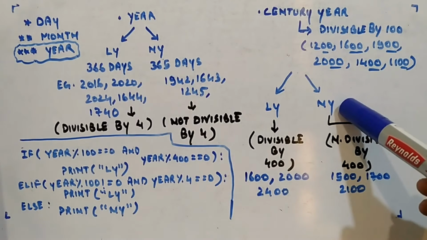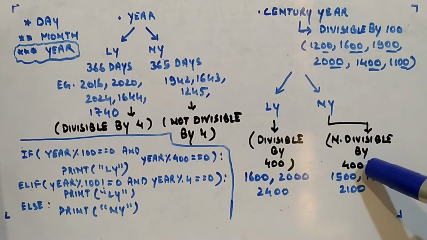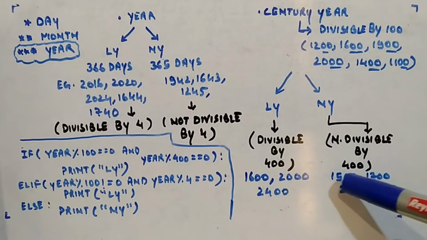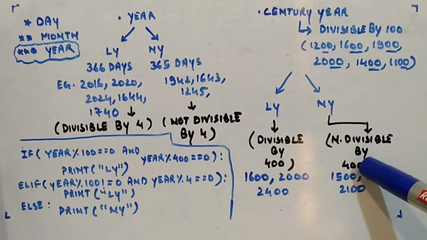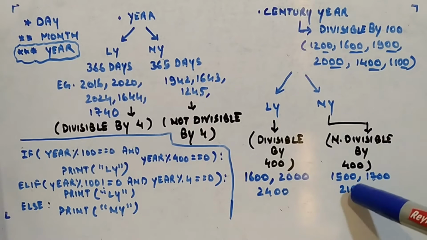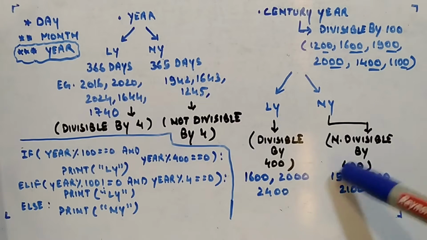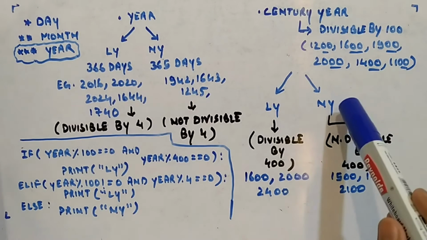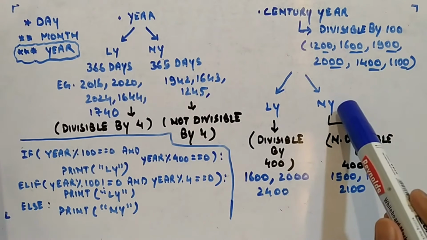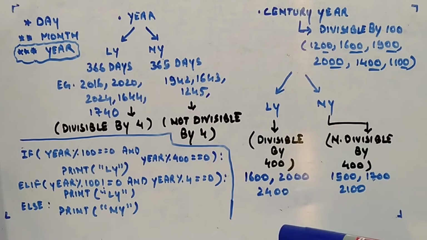Similarly, normal century years are not divisible by 400. For example, 1500, 1700, 2100 are divisible by 100 but not by 400, hence they are called normal years, and the others are called leap years.